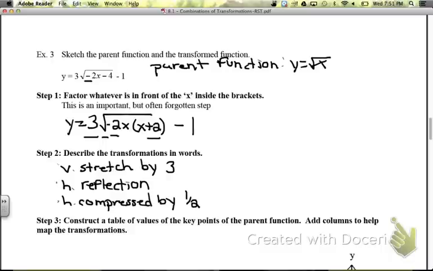This 2 here tells us that we are moving left 2 units, and this -1 means we're moving down 1 unit. And now in step 3, we're going to construct an RST table and graph.